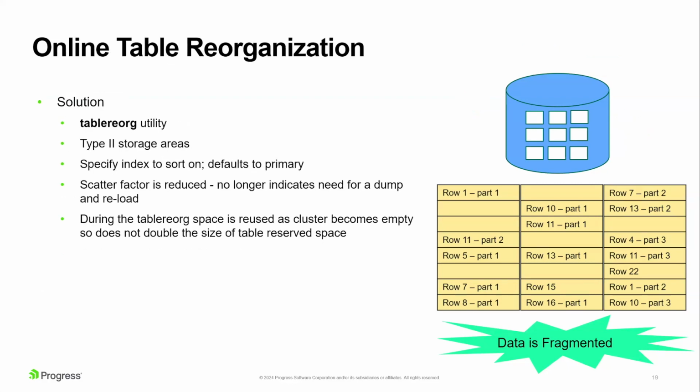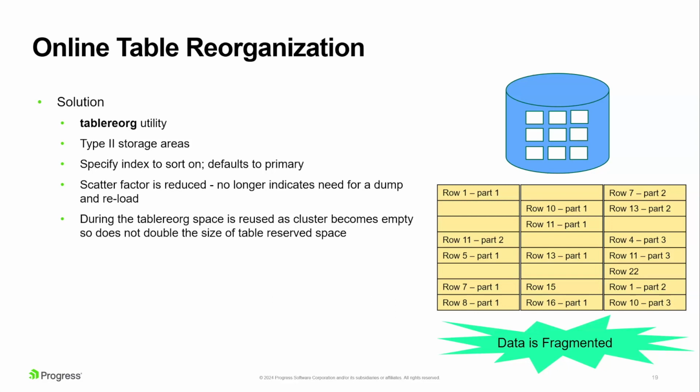Our solution for that is a new utility called Table Reorg. It only works on type 2 storage areas, and it allows you to specify the index that you want to sort on for rewriting your table. It will default to the primary index if you don't specify one.